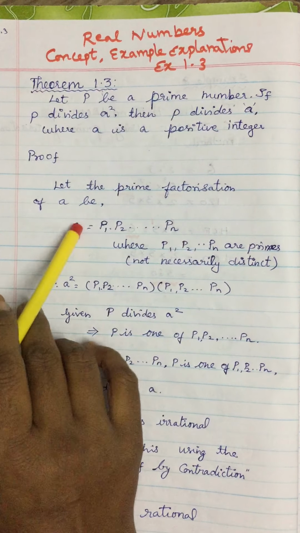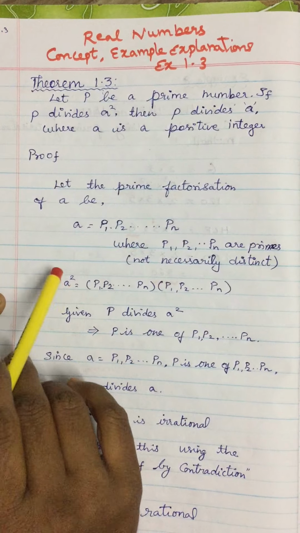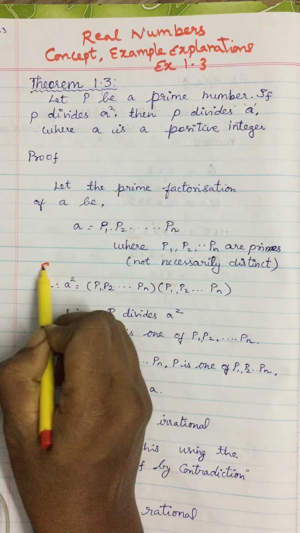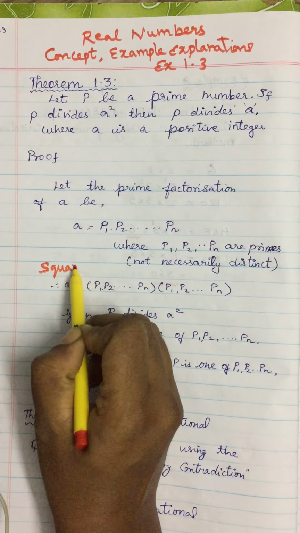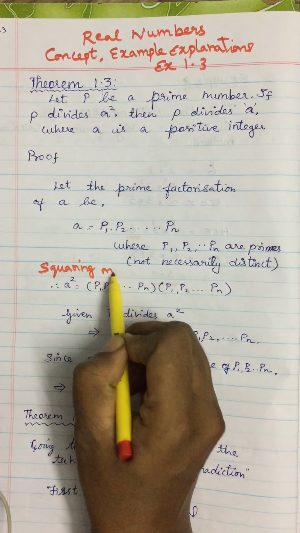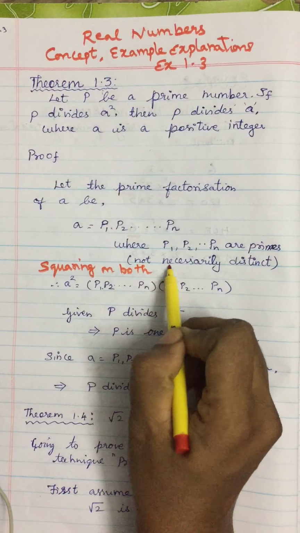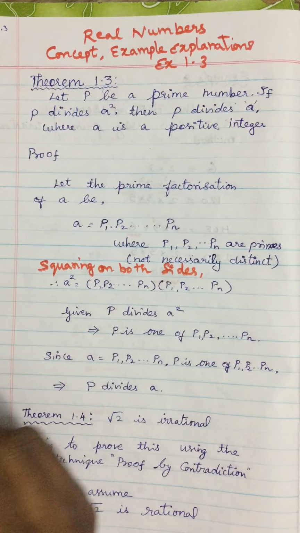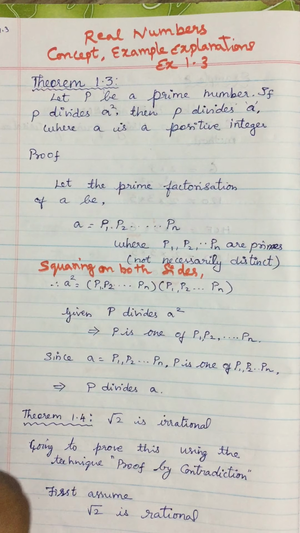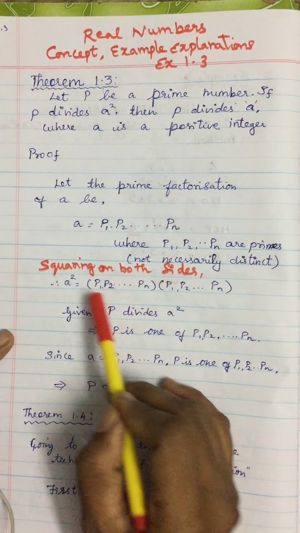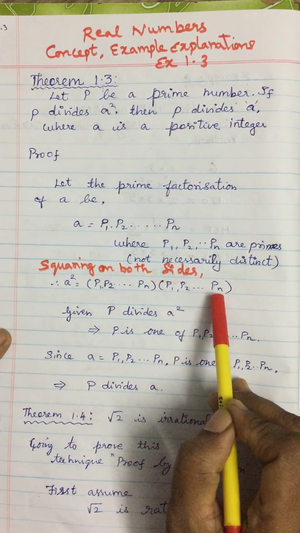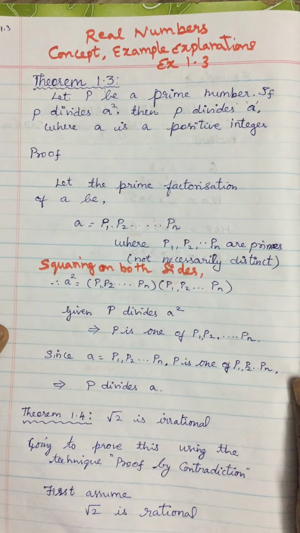So what will happen on squaring A? Squaring on both sides will give you A square is equal to P1, P2, etc. Pn. This is for A, and for one more A, I am writing again P1, P2, etc. Pn, right?